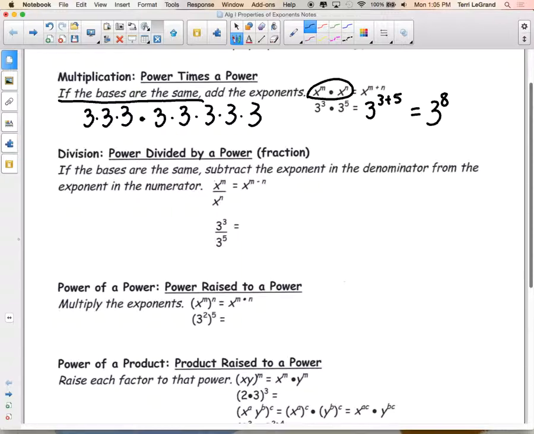Okay. So let's just check this out on our calculator and make sure it works. I want you to right now in your calculator actually take 3 to the 3rd power times 3 to the 5th power. Put it in just like that. Do you know how to use the power key in your calculators? No. Oh, okay. What is the x squared key for? Just a square.